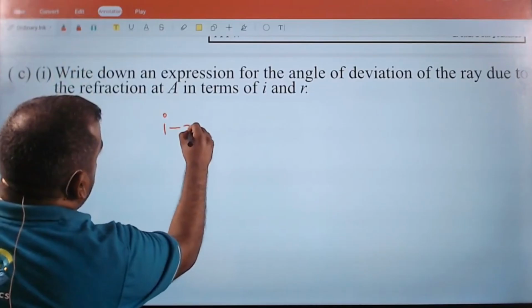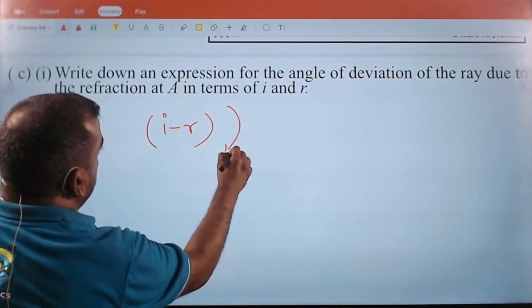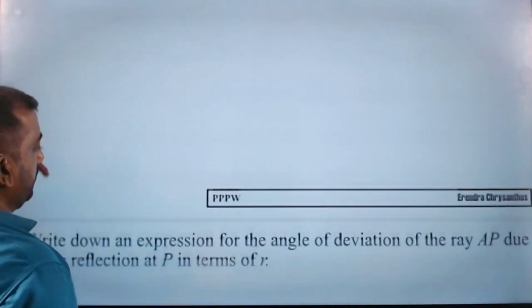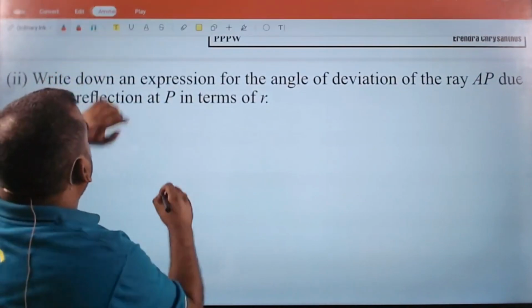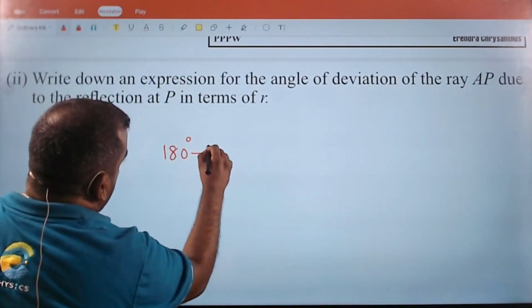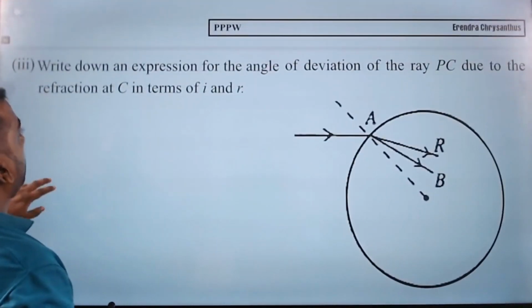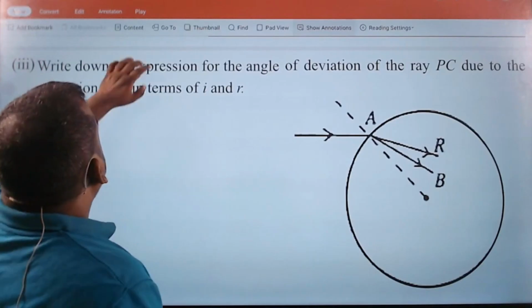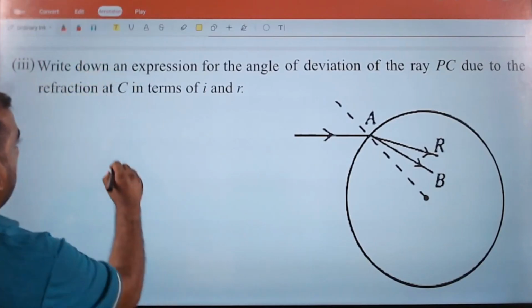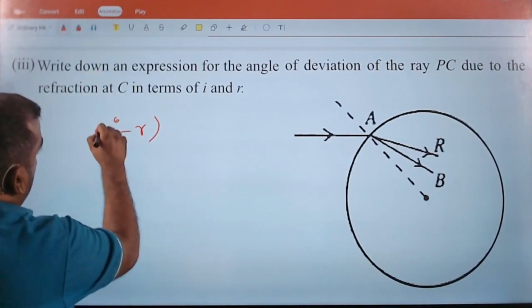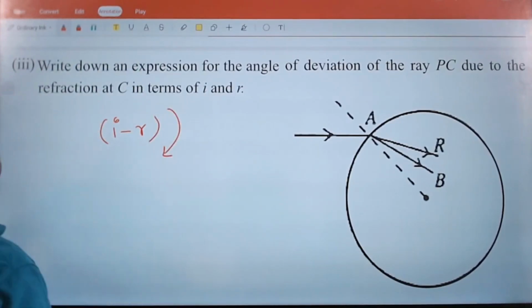Here I minus R clockwise. Here 180 minus 2R clockwise. Here I minus R clockwise.